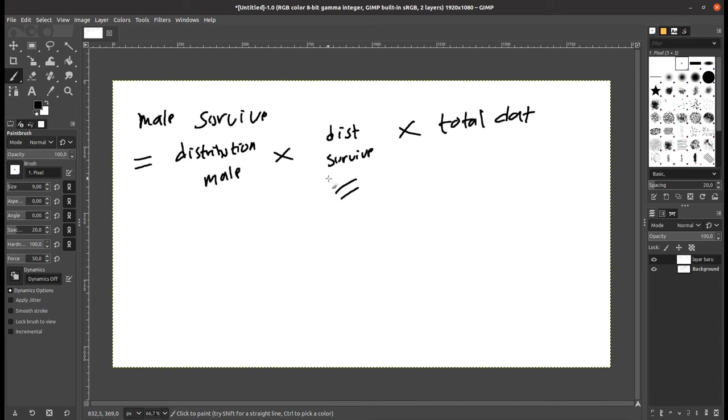And this applies for the other three cells.